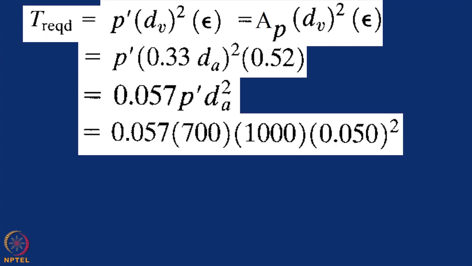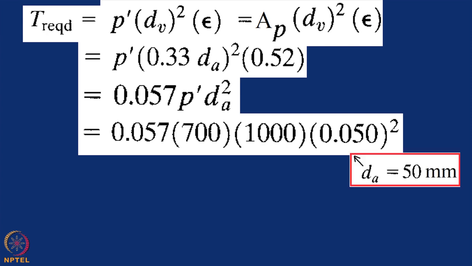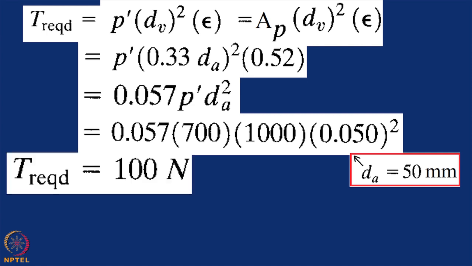So, this will be 0.057 into AP, which is 700, the infiltration pressure, into 1000, into 0.050 square. This is dA; dA is 50 millimeter size, because we have considered 50 millimeter for dA. So, T required will be equal to 100 Newton.